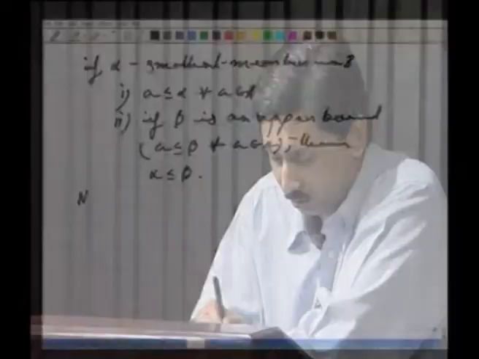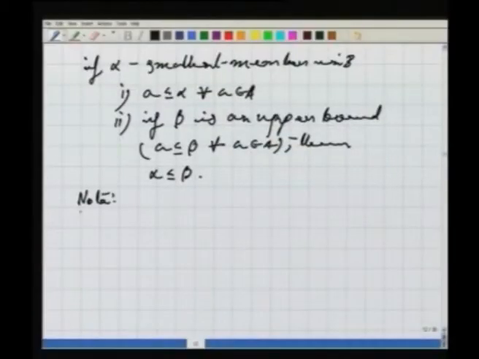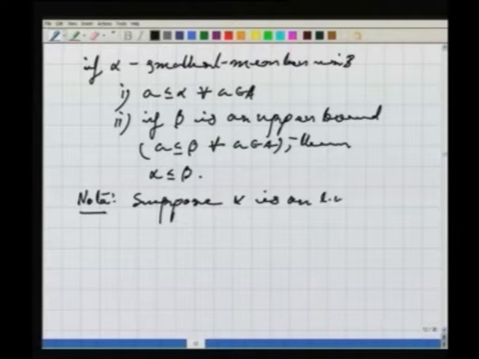Now, let us just make an observation. I will say it is a note. Suppose alpha is a LUB and I look at alpha minus 1.